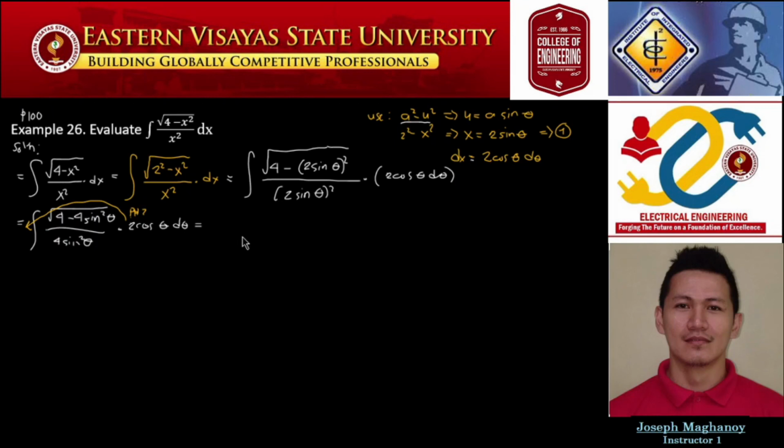Okay, let's do it. And we need to recall also some identities. We recall the value of our 1 minus sine squared theta is also equal to cosine squared theta.